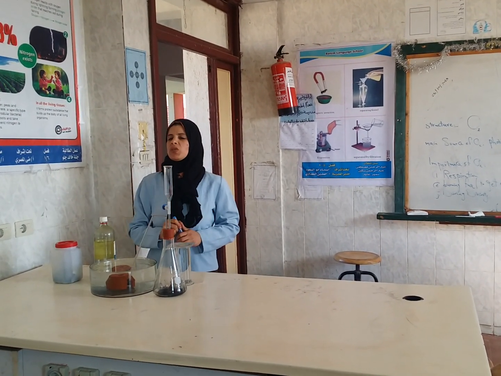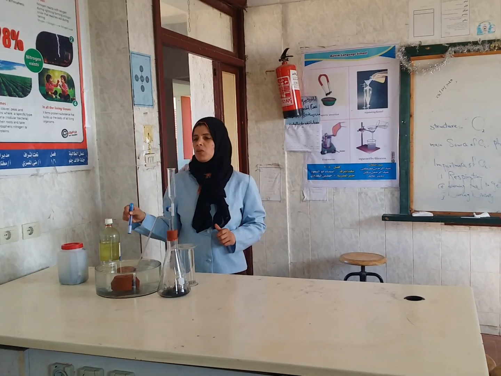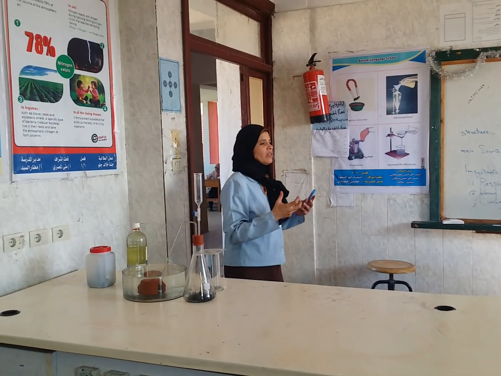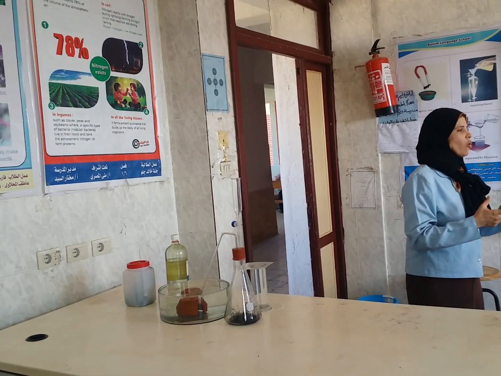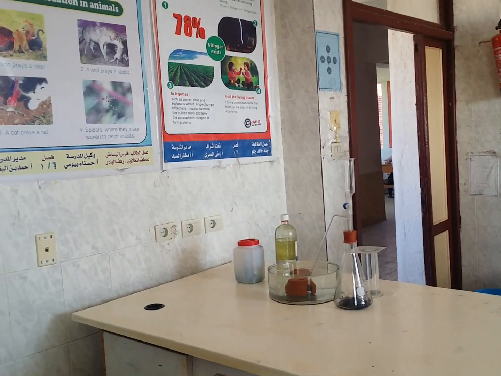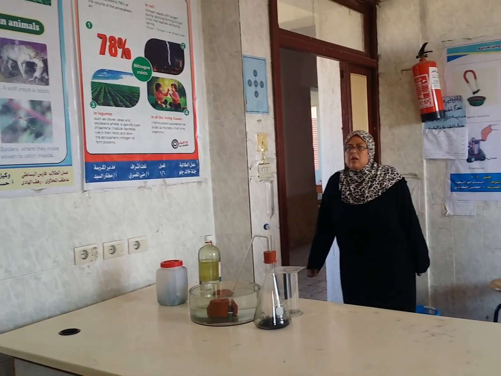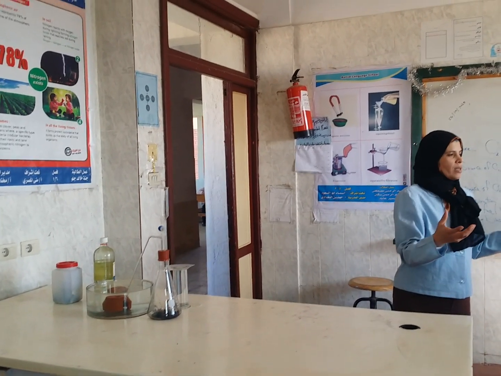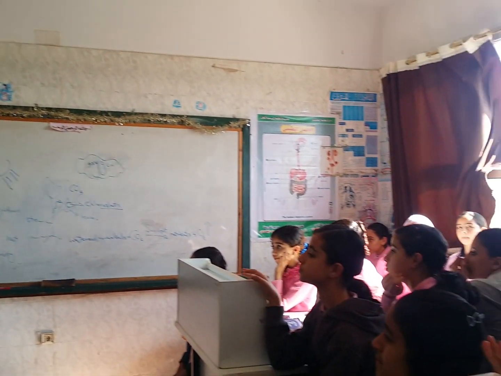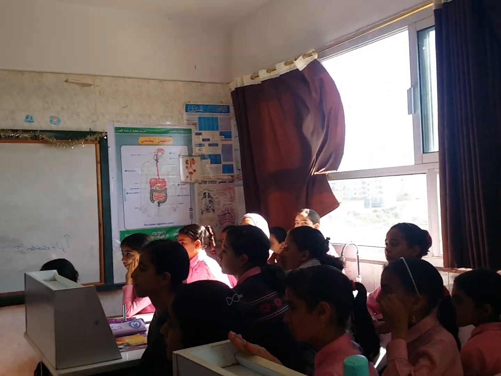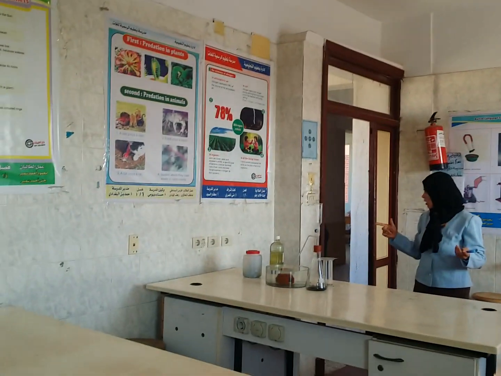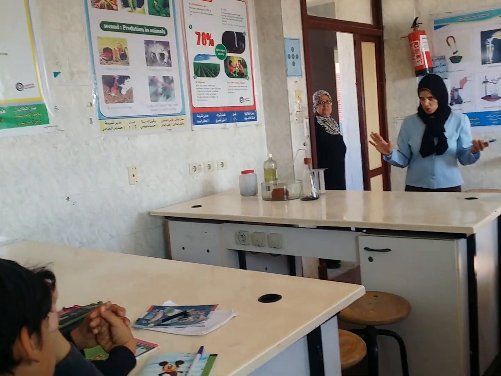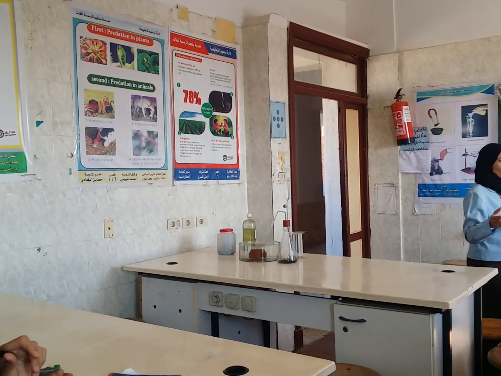Why hydrogen peroxide? Hydrogen peroxide is a very unstable substance in its decomposition. As you put it, it starts to break down, decomposing into water and oxygen. Okay?